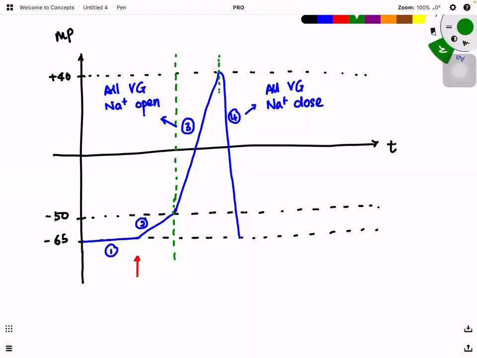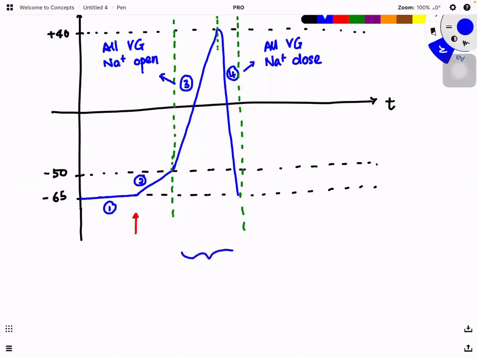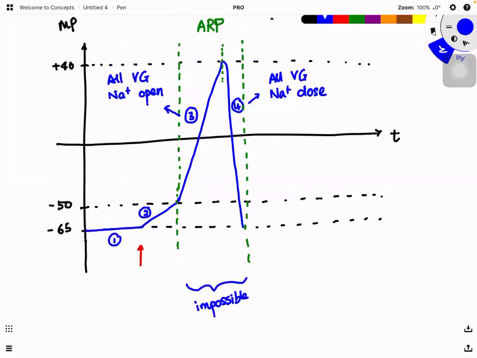This green zone we term the absolute refractory period, where once an action potential is generated, it is impossible to generate another.